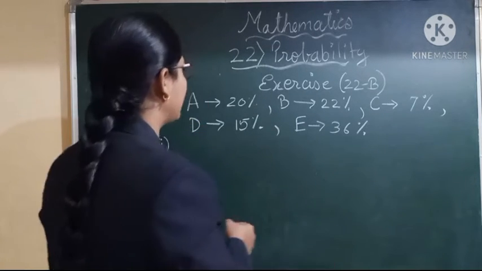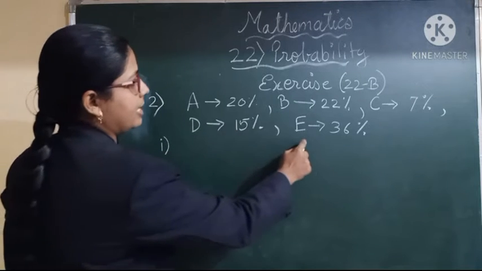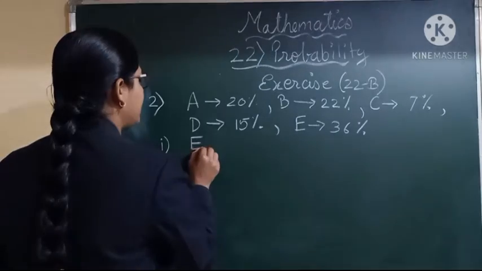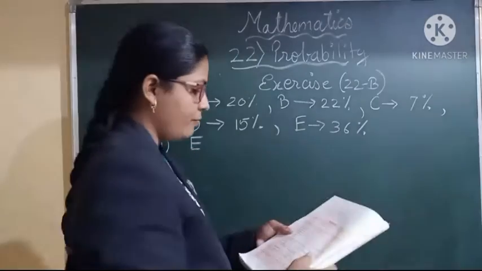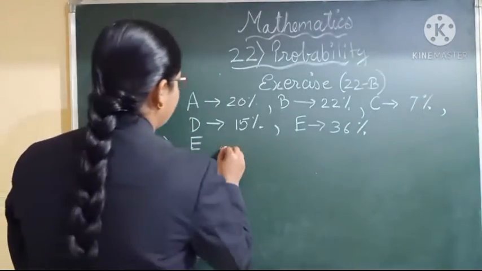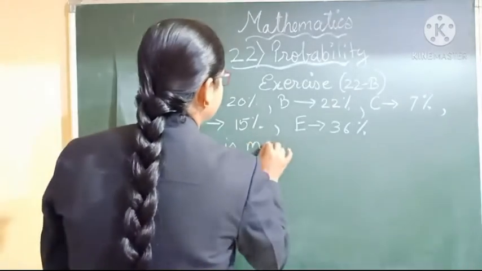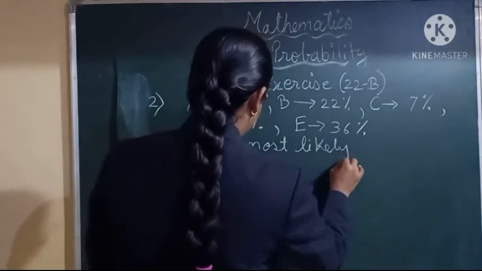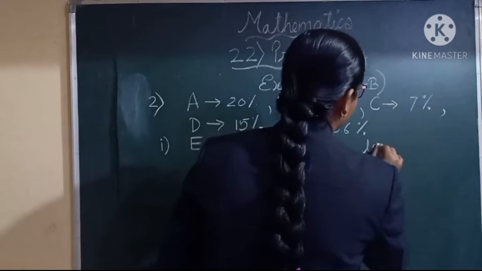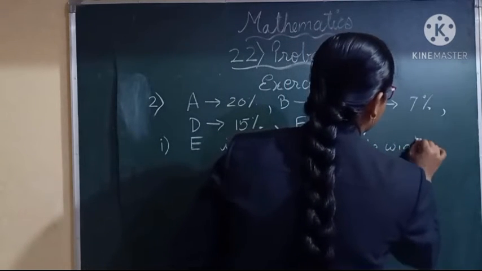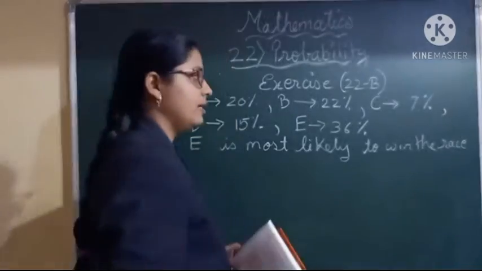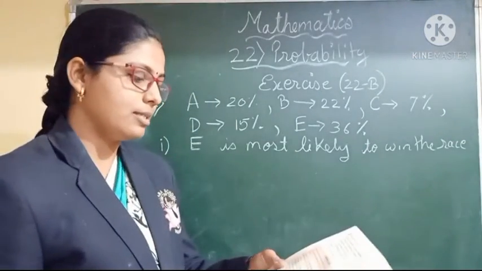So who can that be here? Yes, E. E is most likely to win the race. Similarly, you have to write all the answers.